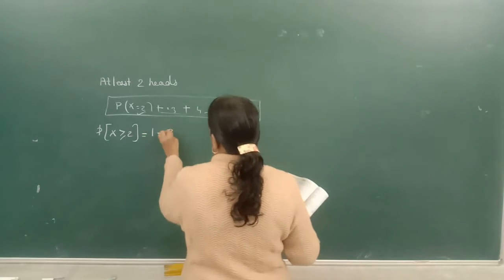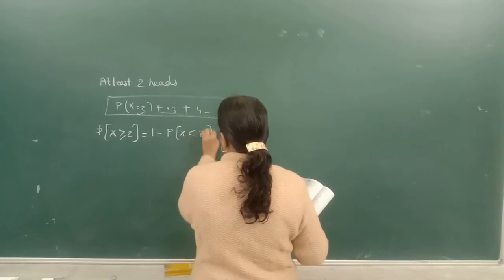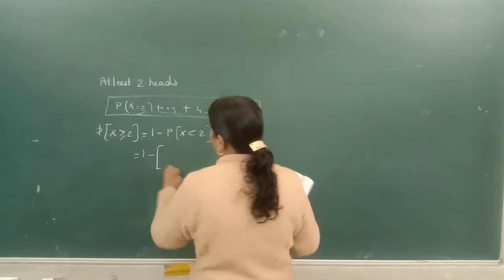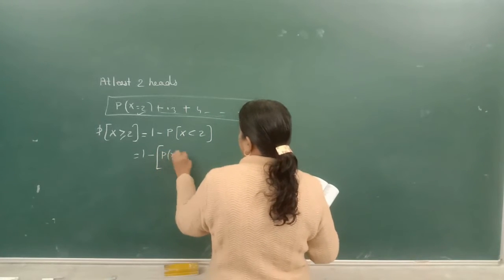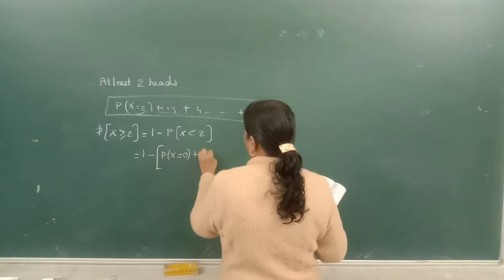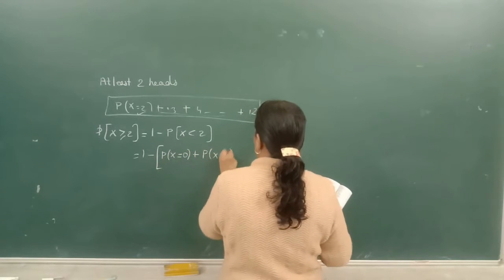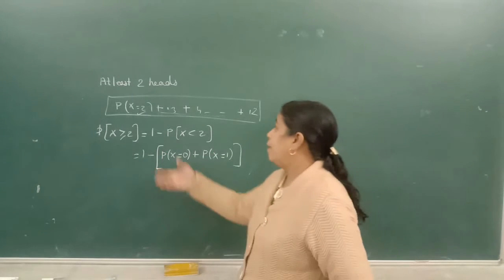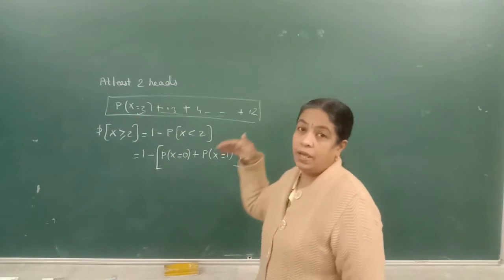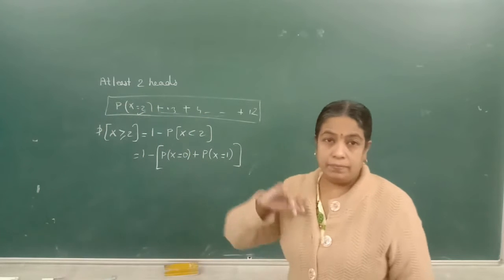So P of x less than 2. Now what does x less than 2 mean? It can be either 0 or it can be 1. This is an easy one, isn't it? If you go from 2 to 12, then that will be a lengthy one.